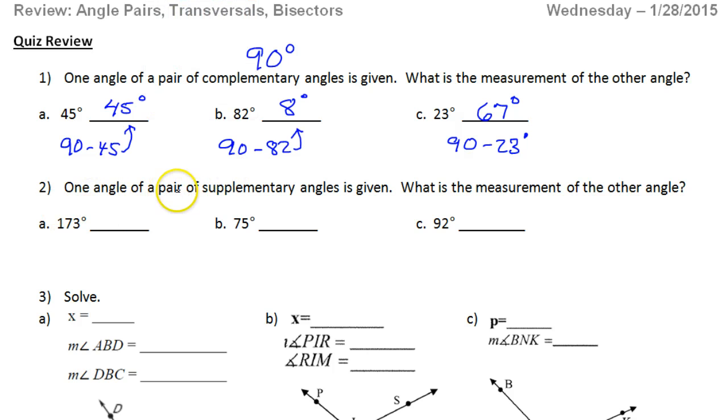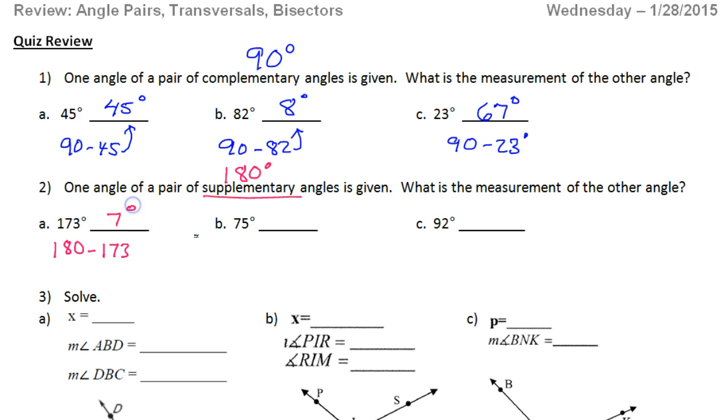Okay, number two, a pair of supplementary angles is given. What's the measure of the other angle? When you see the word supplementary, you should be thinking these have to add up to 180 degrees. So when I look at this, I'm thinking 180 minus 173.